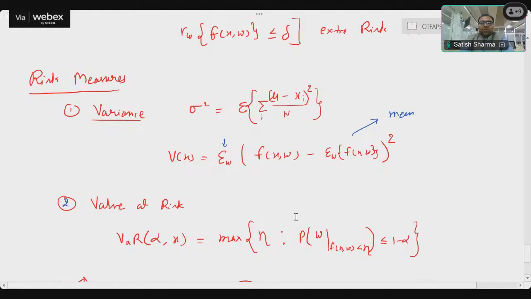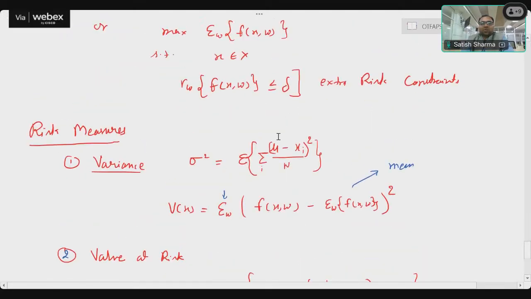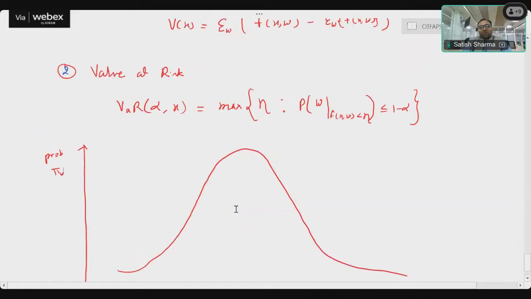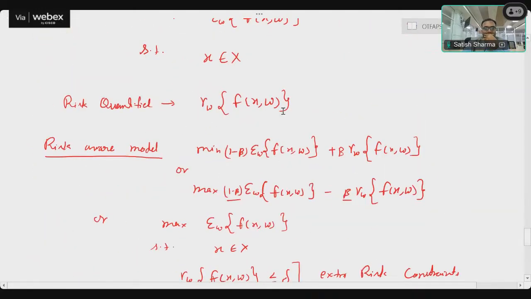Then there will be different points on this graph, and we calculate the distance of these points from the mean, square it just to keep it positive, and then average it, the expected value over w. That will be the variance.